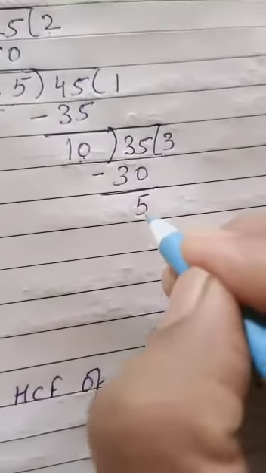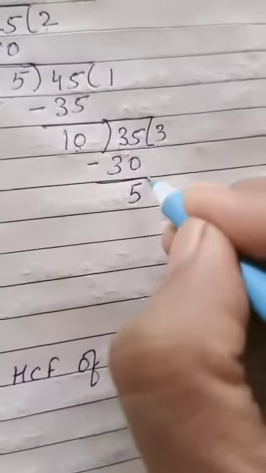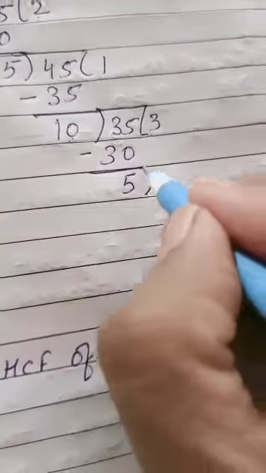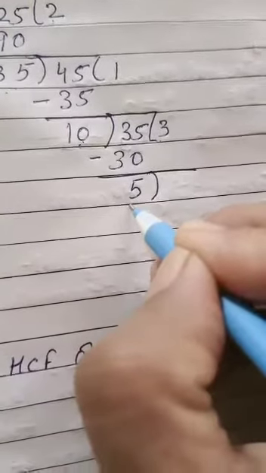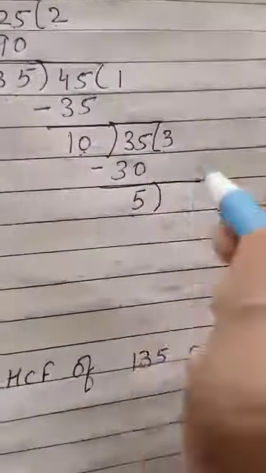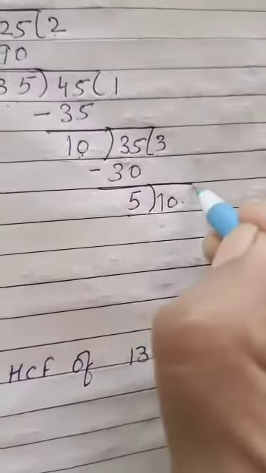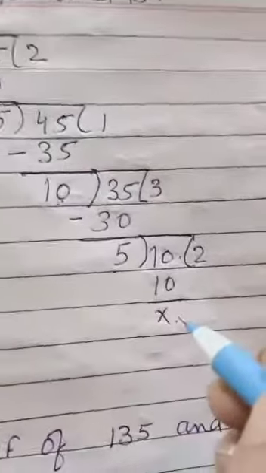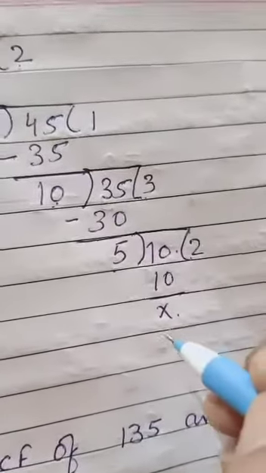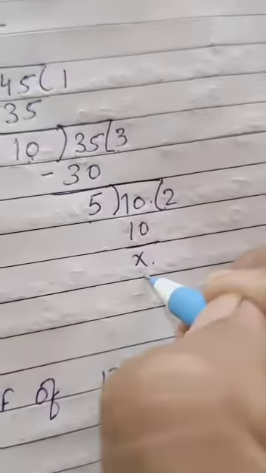Again, because remainder is not 0, so we'll continue the process. 5, our remainder will become divisor and the previous divisor will become dividend. So 5 2s are 10. Here our process ends because we are getting remainder 0.